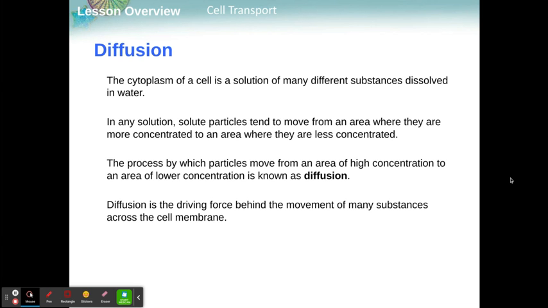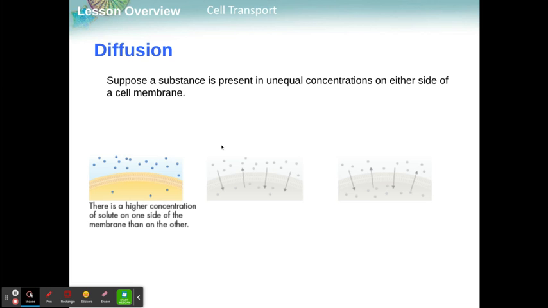Okay, so the cytoplasm of a cell is a solution, meaning it has many different substances dissolved in water. In a solution, some particles tend to move from an area where there are more to less, and this process is called diffusion. Now, it is the driving force behind the movement of many substances across a cell membrane. So we have this scenario where we have a higher concentration of a substance outside the cell than inside.